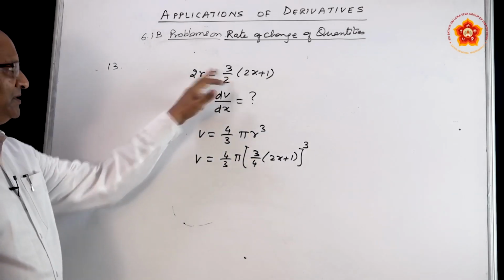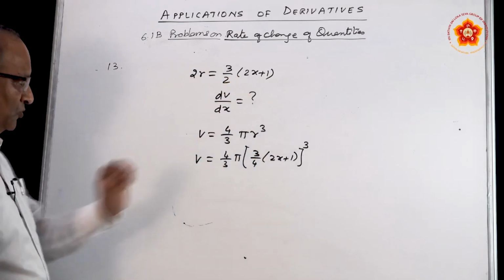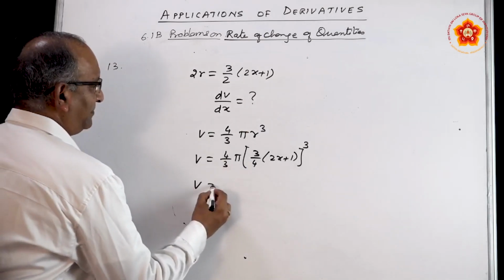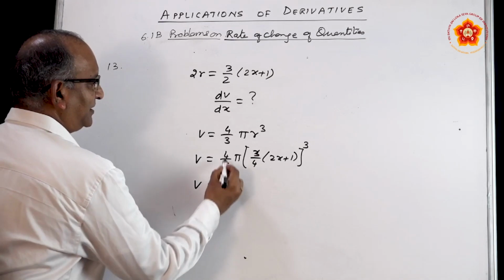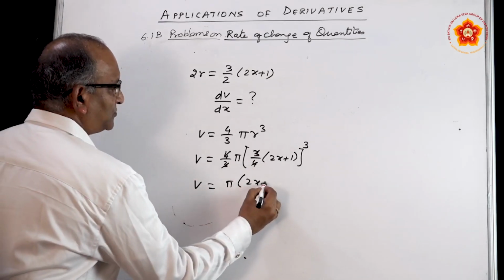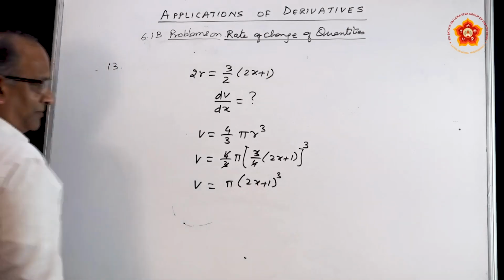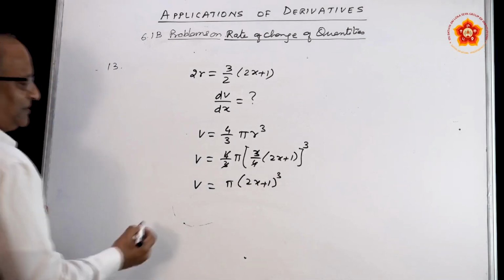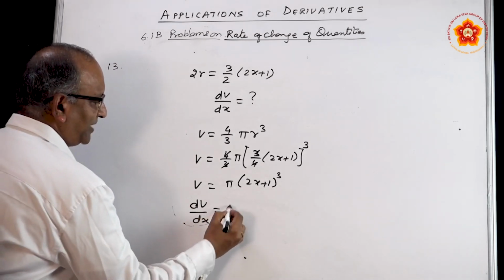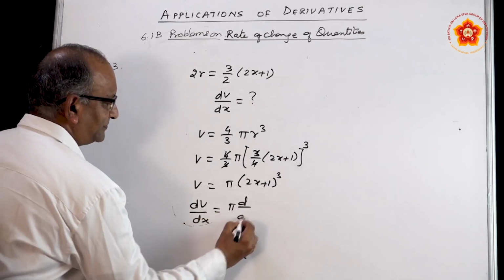Simplify a little bit: V can be written as pi into 2x plus 1 whole cube, as the 3 and 3 cancel and 4 and 4 cancel. What he is asking is a very simple one, dV by dx. So, differentiate both sides with respect to x.